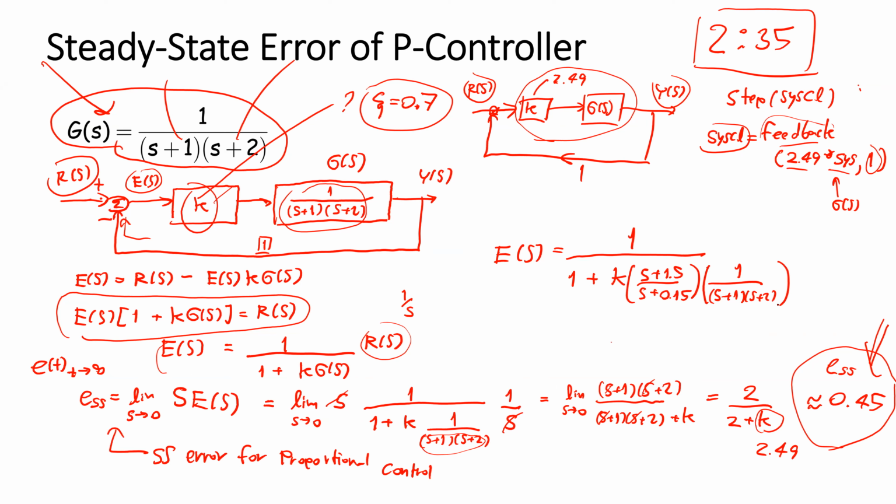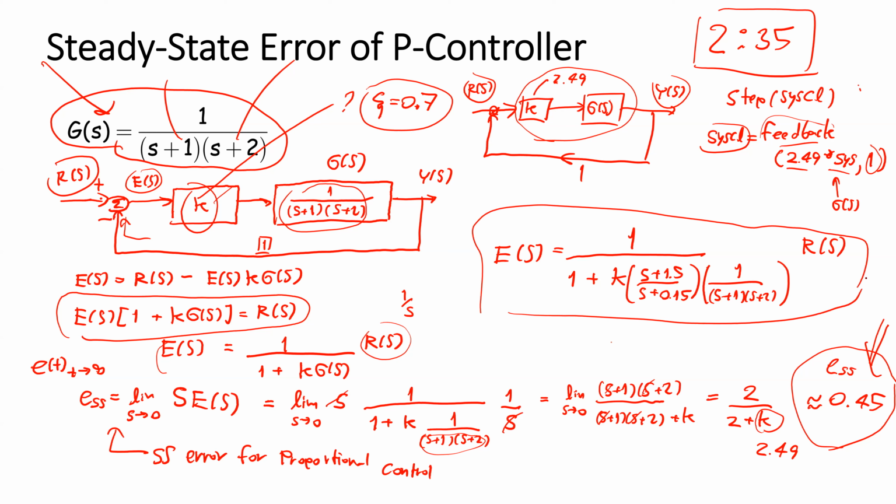And multiply by the unit step input. The error of the feedback system in the S domain is 1 per 1 plus the feed forward, the loop.